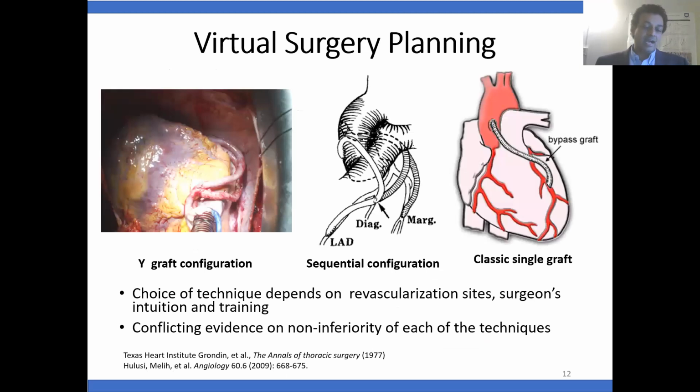But a corollary to the whole project was, in the process of trying to solve that problem, we ended up developing a framework which can actually help us with virtual surgery planning. Okay, so within vein graft surgery, there are multiple choices for surgeons to perform these surgeries.